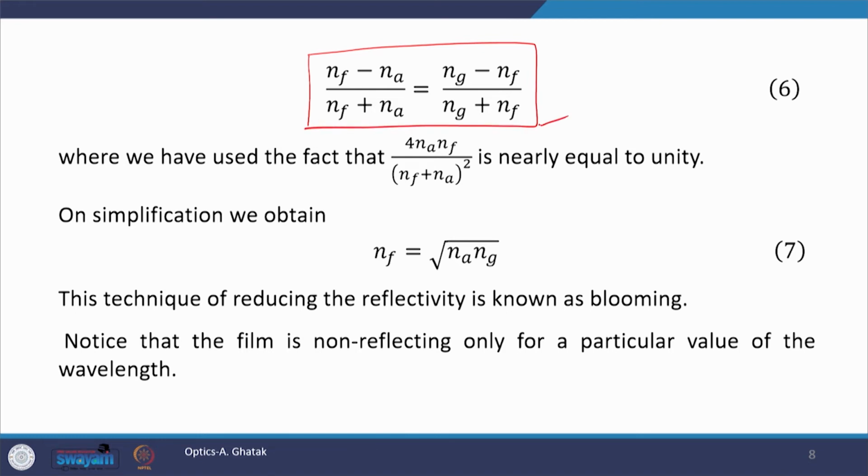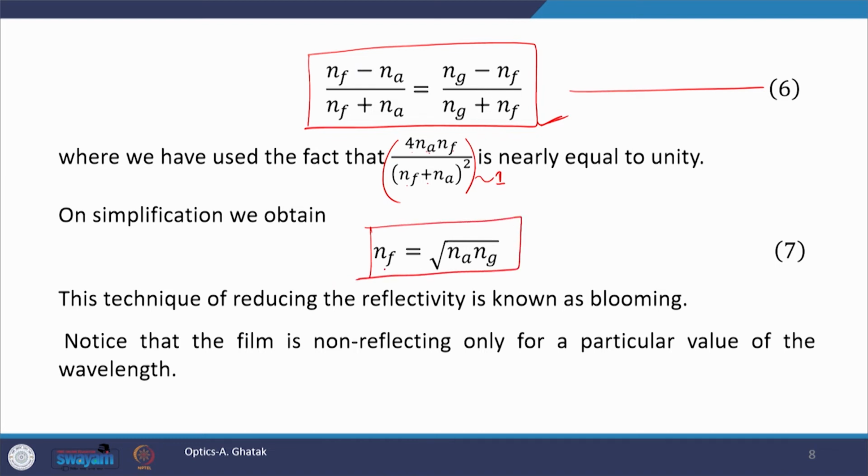And to reach this expression we have used one approximation, and we say that 4 NF Na into (NF upon NF plus Na) whole square is nearly equal to 1. This we equated to 1, and after this we reached equation number 6. Now, from equation 6, if you further simplify it and calculate the expression for NF, then NF would be equal to the square root of Na into Ng.